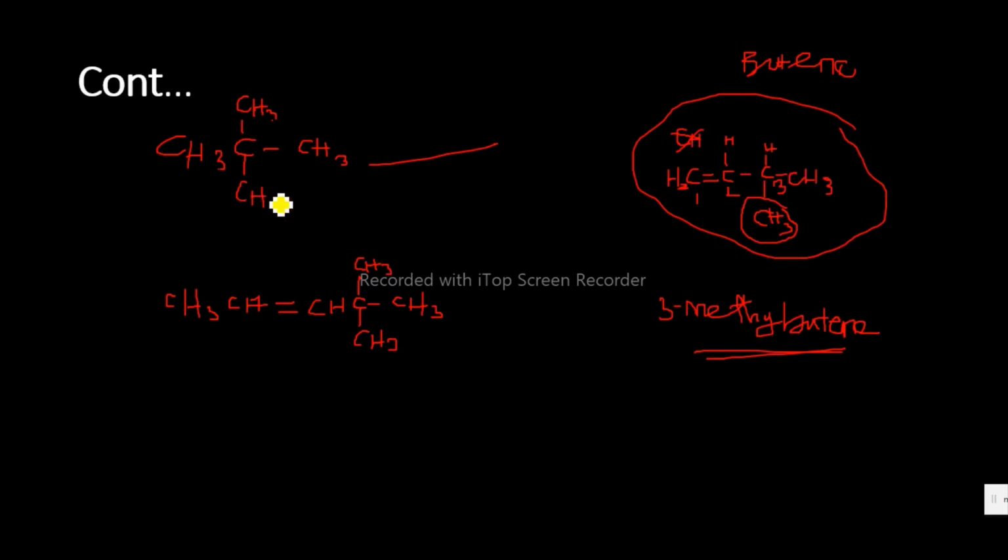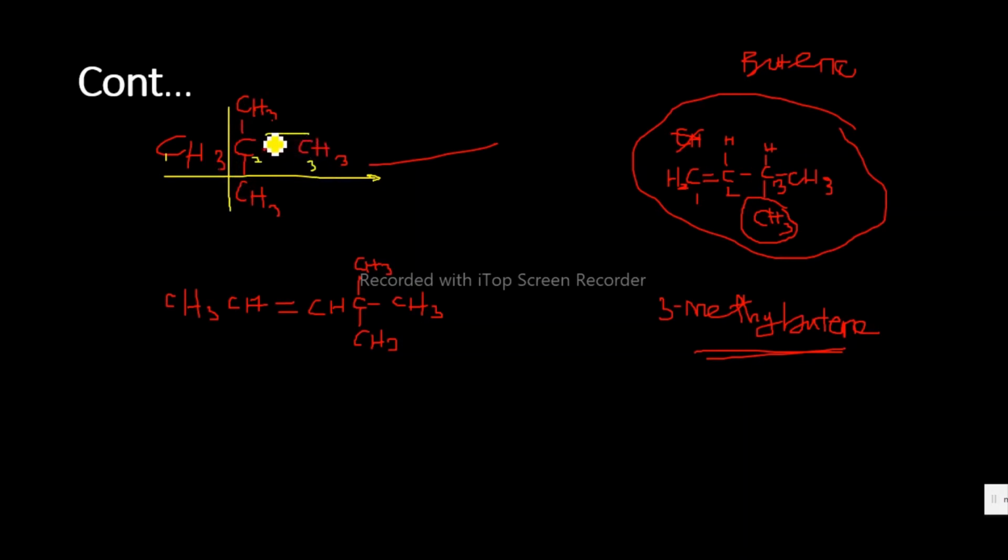Yes, you named it right. It is 2,2-dimethyl propane. And how do you get it? You consider the carbon chain. If we consider this, it is 1, 2, 3. If we consider this, it is still 1, 2, 3, then the rest are groups.